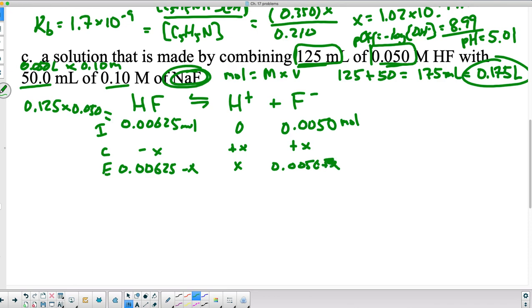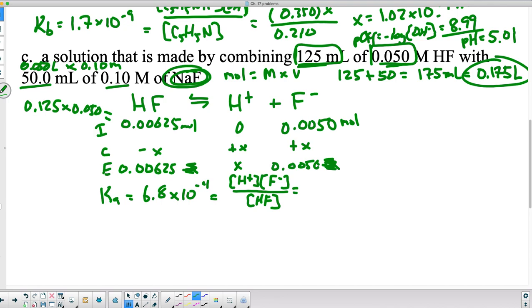We can get rid of the plus x here and the minus x there because my Ka for this is 6.8 times 10 to the negative fourth. You can get this in the back of the book, Appendix D for hydrofluoric acid. That all equals hydrogen ion concentration times F minus all over HF.